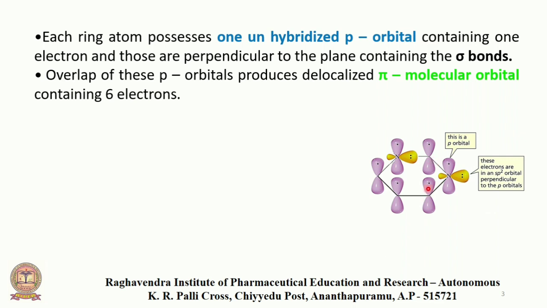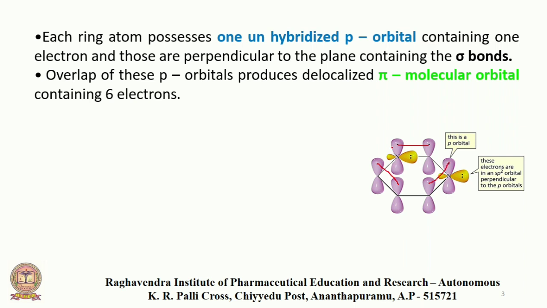You can see here the yellow color is the sp2 hybridized orbital of the nitrogen atom, occupied by the lone pair of electrons. These electrons are not released into the ring system. The pink orbitals represent the unhybridized p orbitals, perpendicular to the sp2 hybridized orbitals. Each p orbital has one electron, and overlap of these electrons makes double bonds.